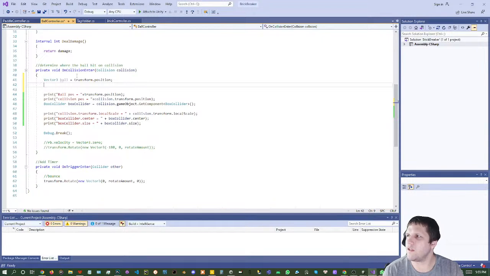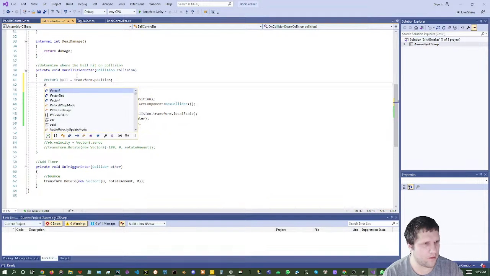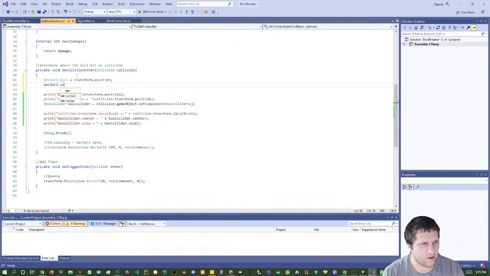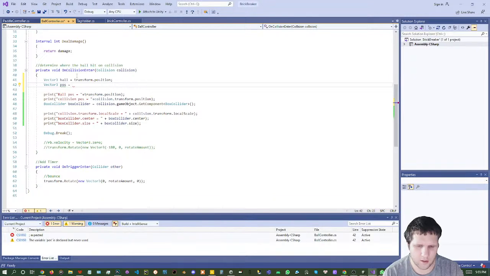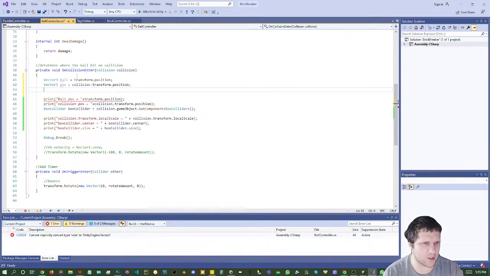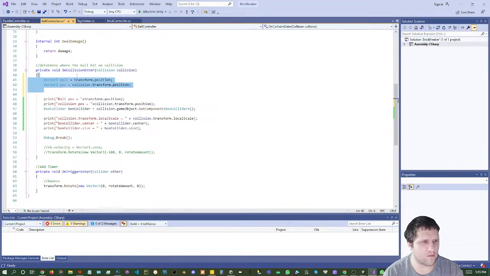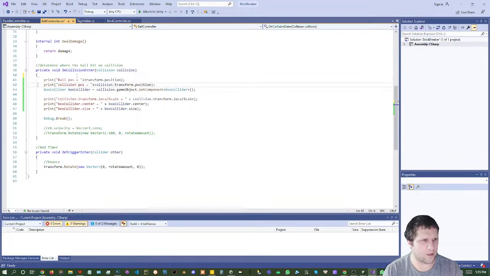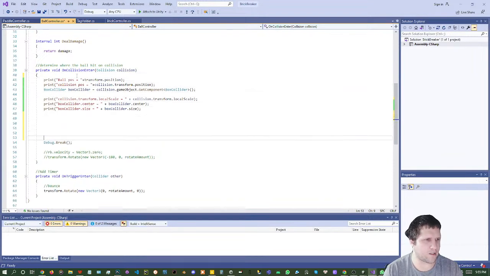We'll say the vector 3 position equals collision dot transform dot position. Let's take this below so we can use our box collider.